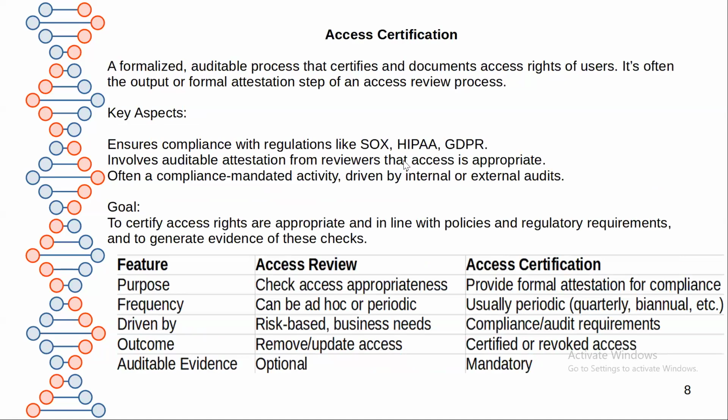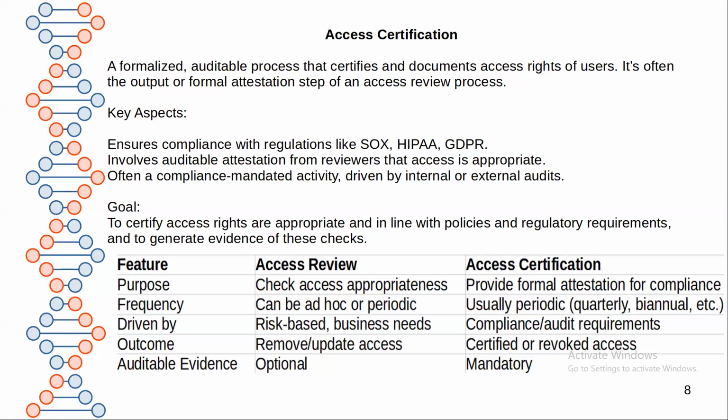Sure, buddy. Okay, so what is the purpose of having access review and access certification? Both are different. Access review checks the accesses, whether they are appropriate as per your role and responsibilities. Access certification provides the formal attestation from the compliance point of view.